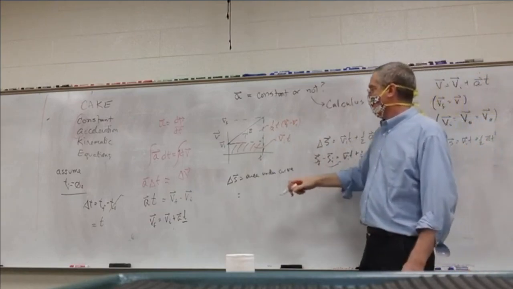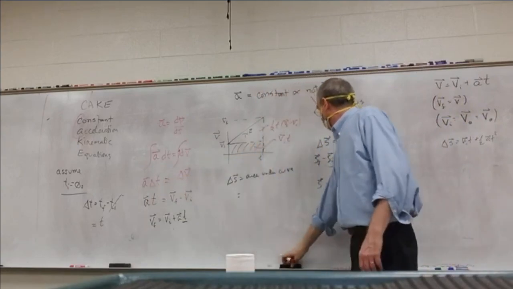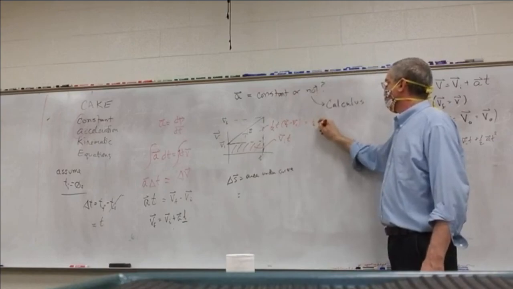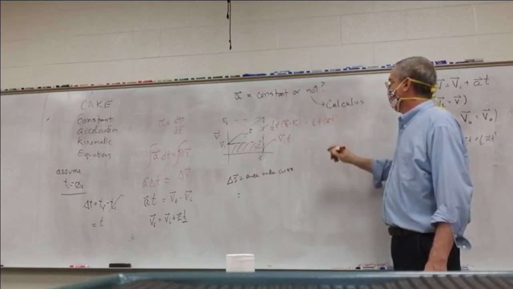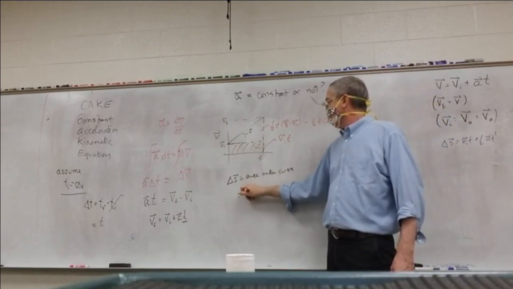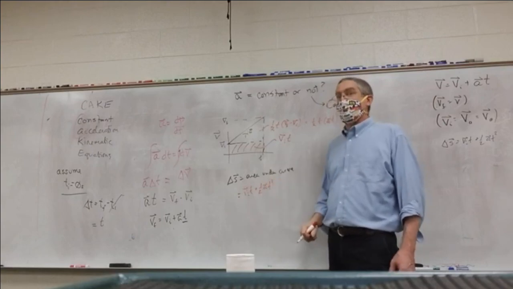And as we did over here, this is my change in velocity. That's just equal to acceleration times time. So this becomes 1/2 t times acceleration times time. And so what we end up with is VIT plus 1/2 AT squared. Shocking. Okay.